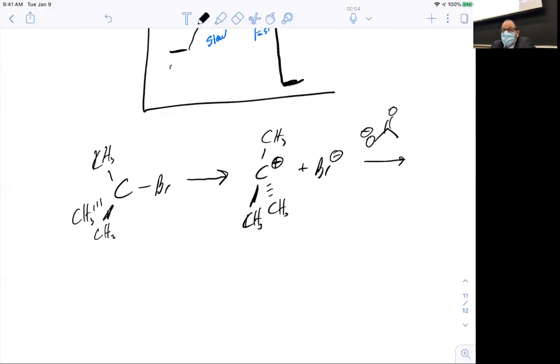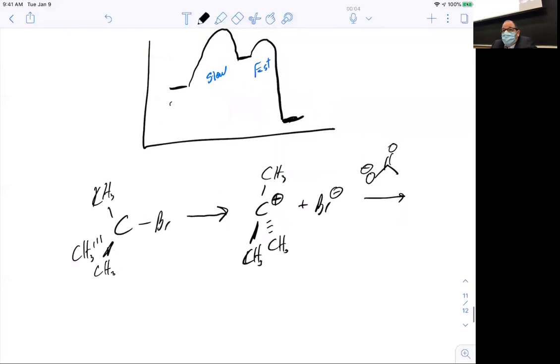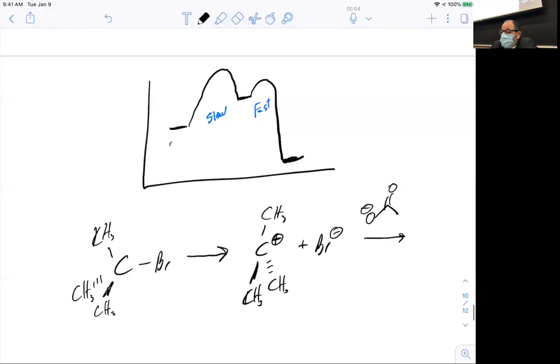So in the first step, that bromide is leaving. What we're going to have in most cases, especially with these substrates, is a carbocation. The height of this transition state here is going to depend on the stability of this carbocation.